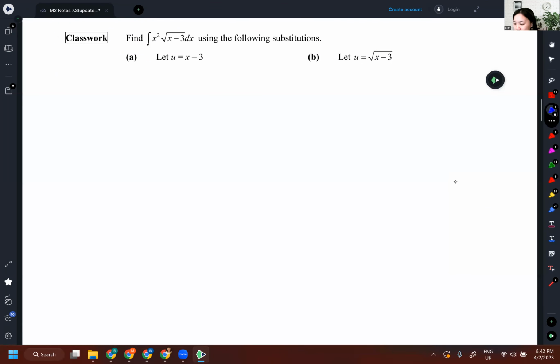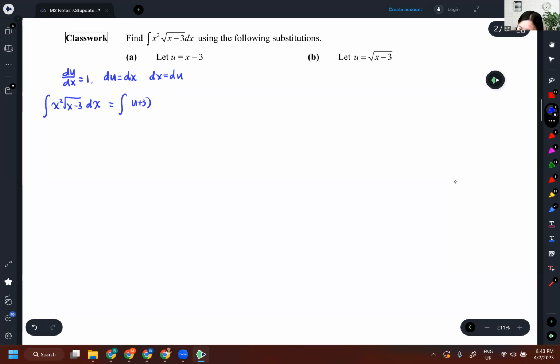First one is x squared. The x squared is (u plus 3) squared. That's x squared, and this is square root u, and dx is du.